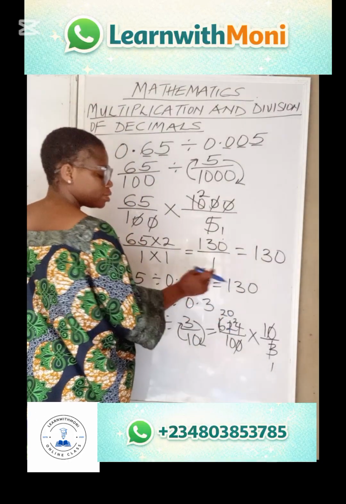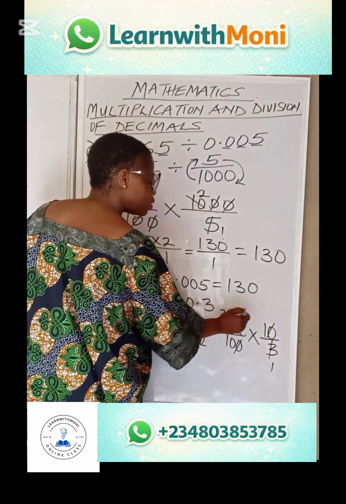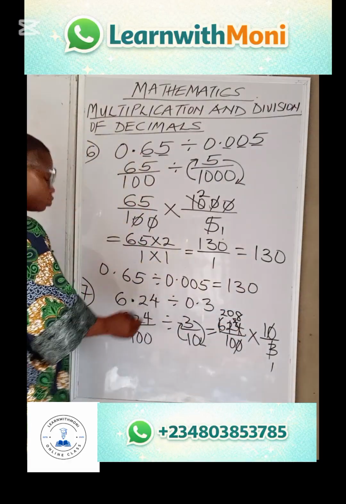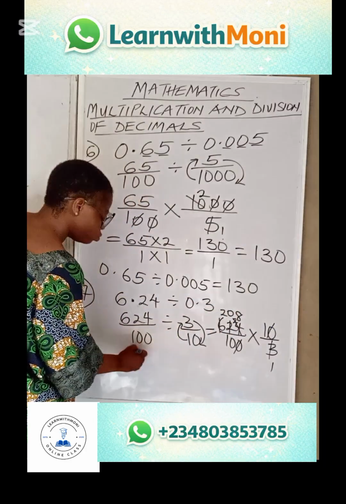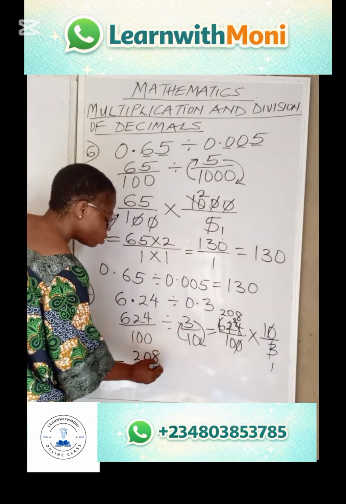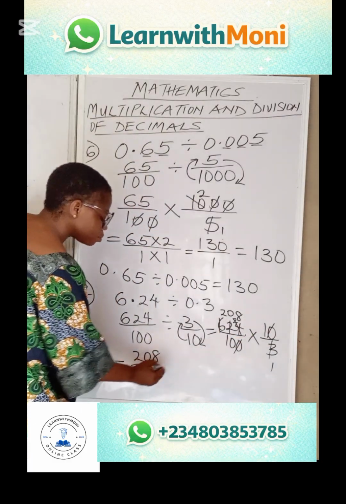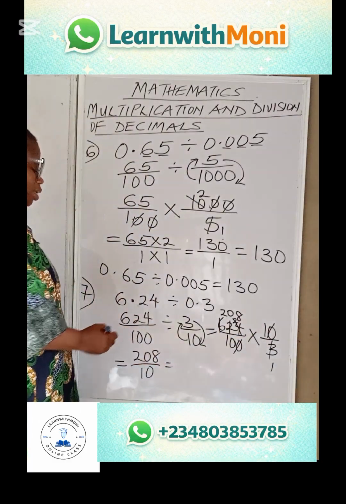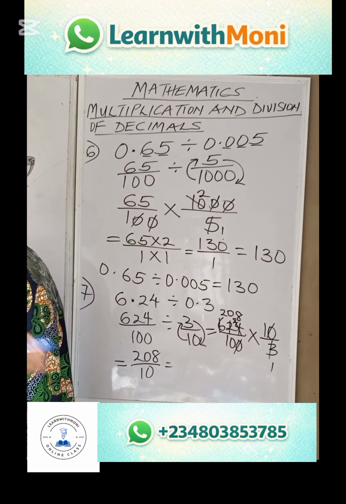I hope you understand it. 3 divides 24 is 8. So that we end up having 208 times 1, 208, over 10 times 1, that is 10. So we have 208 over 10. 208 over 10 is 20.8.